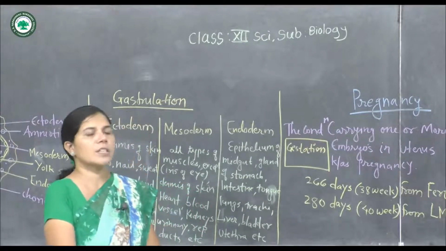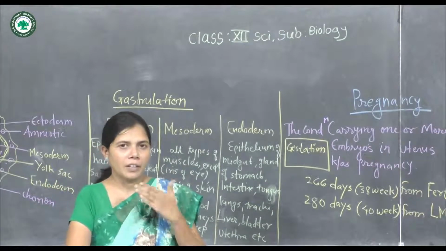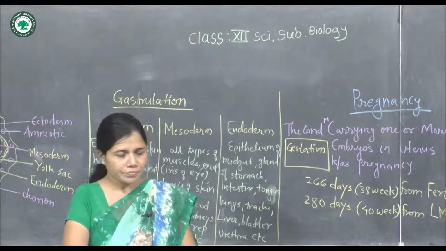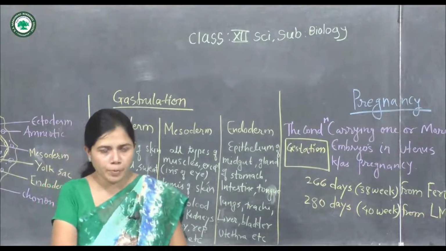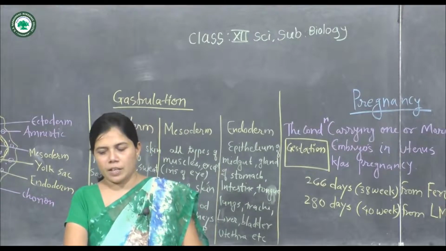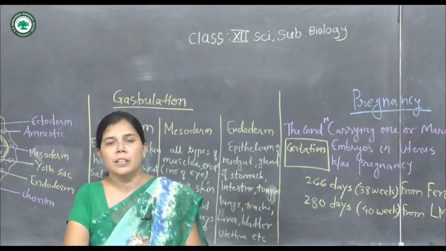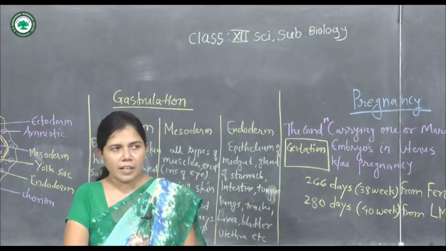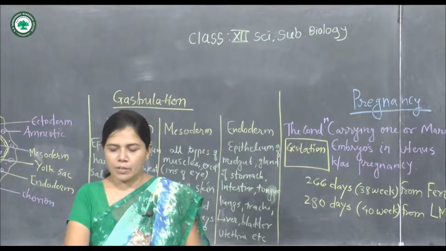First, differentiation of blastomeres, meaning the blastomeres are divided into three layers. Second, the morphogenetic movement of the layers and organs of the embryo to a definite place, along with formation of the three germinal layers.